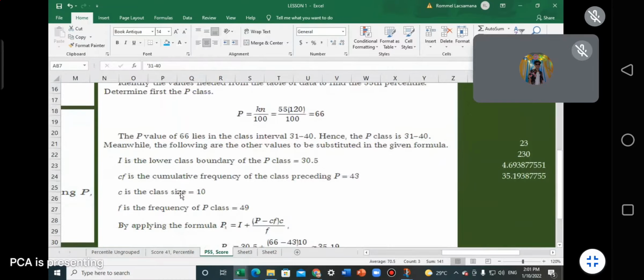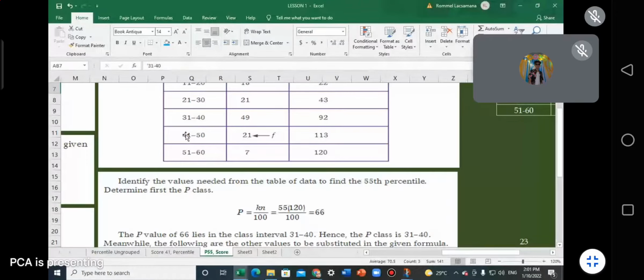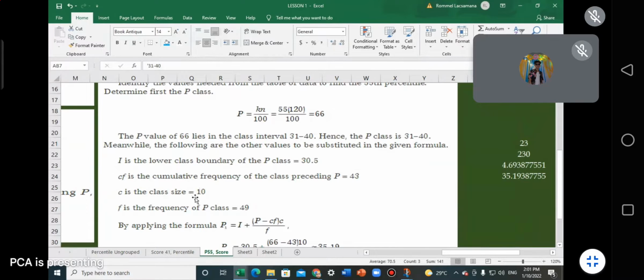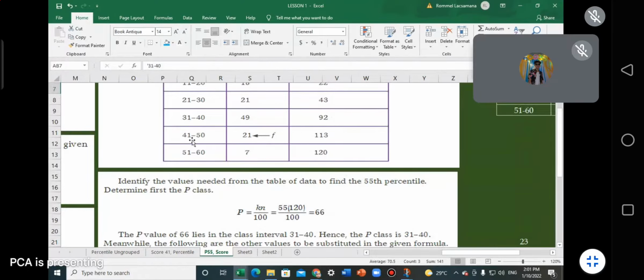And then, C is the class size equals 10. We know this already. From 41 to 50, we count it. How many are there? Class size is 10. Just simply count: 1, 2, 3, 4, 5, up to 0, the second decimal of 41. This gives you 10.